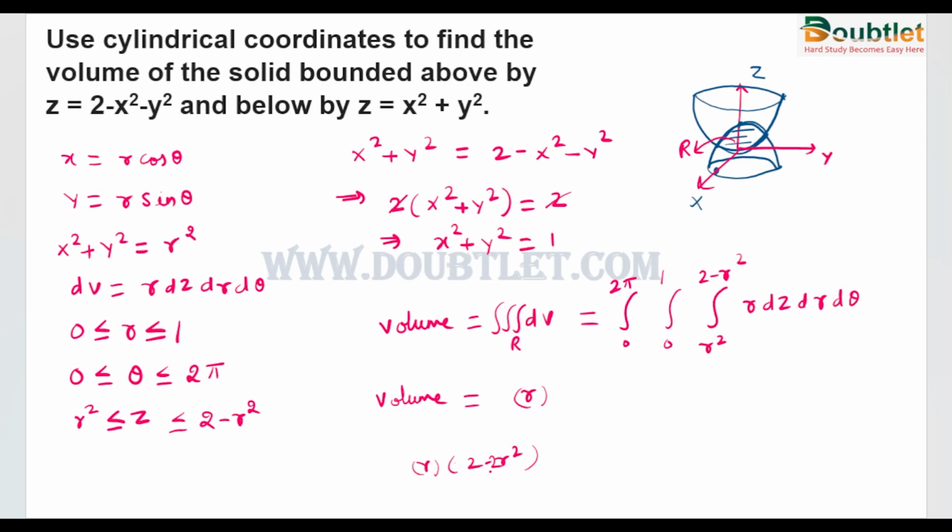When this r multiplies with this and this r multiplies with this also, we can simplify it: 2r minus 2r cube.